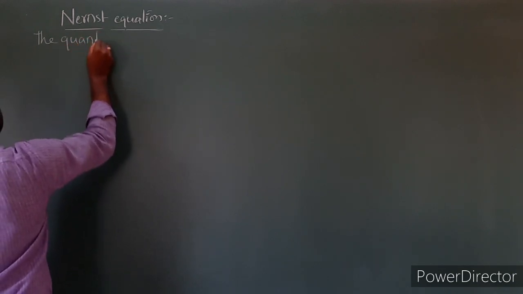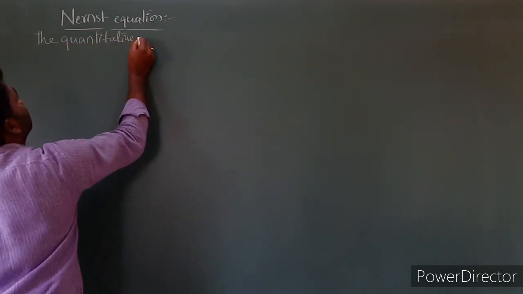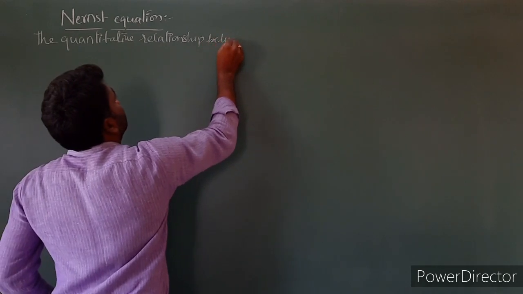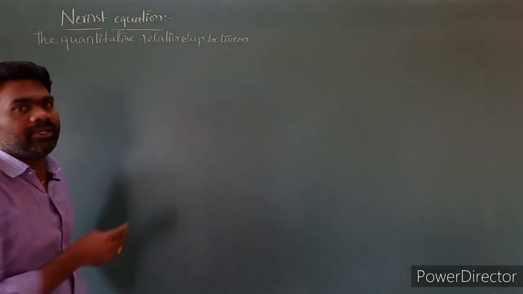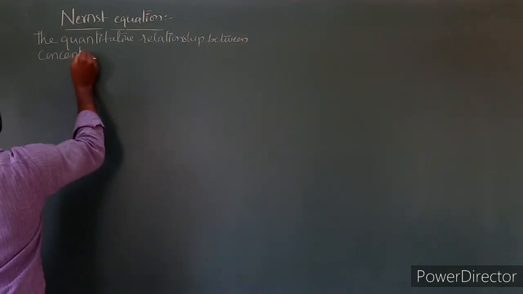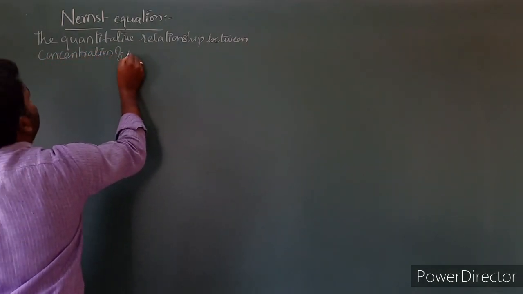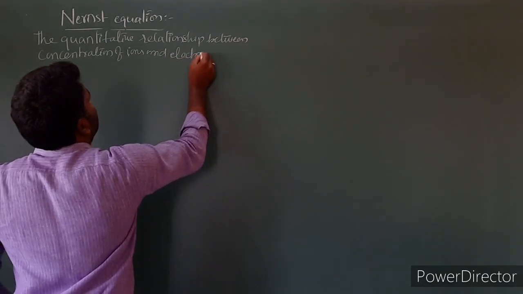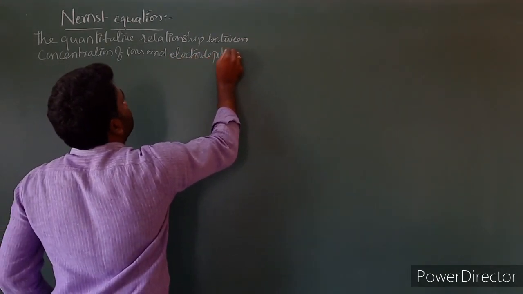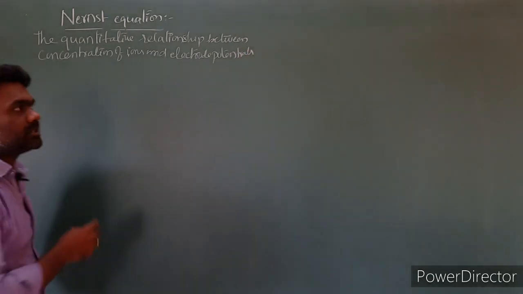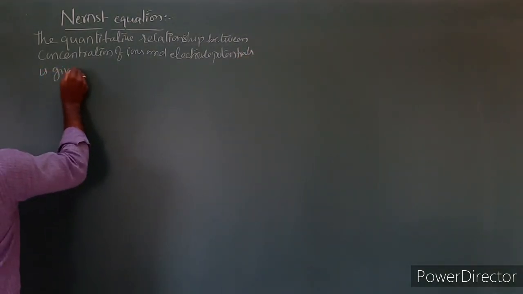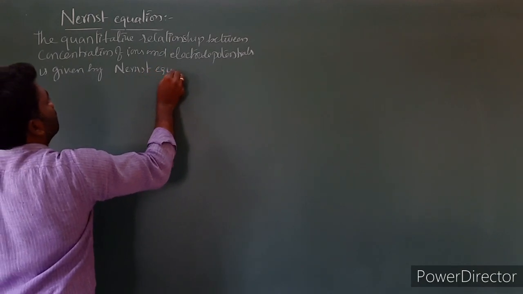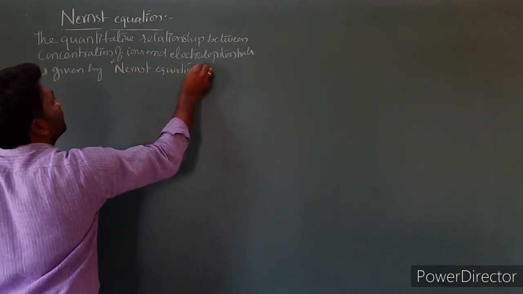The quantitative relationship between concentration of ions and electrode potentials is given by the Nernst equation.